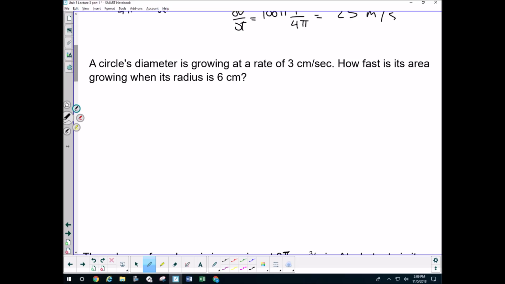The question is, the circle's diameter is growing at a rate of 3 centimeters per second. How fast is its area growing when its radius is 6 centimeters?